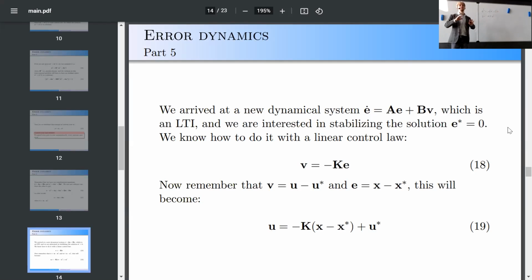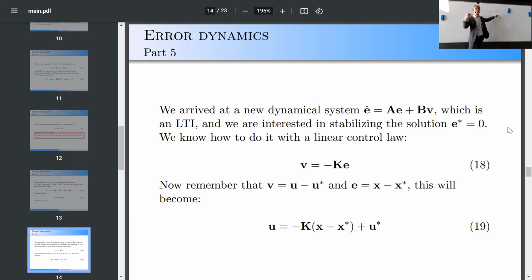There are perfectly legitimate control laws of different form. But remember that usually when you want to stabilize the zero point, the origin, your control law would be linear. You can try to do something else, but see if it stabilizes the origin. Probably not.